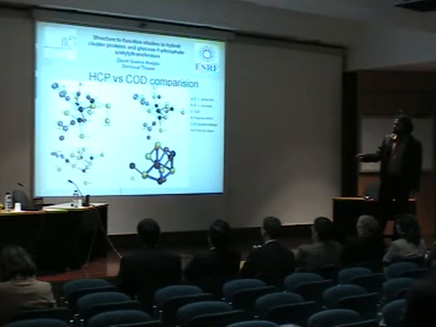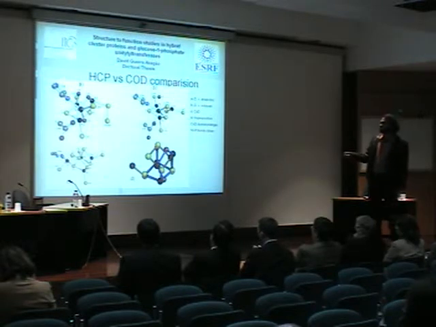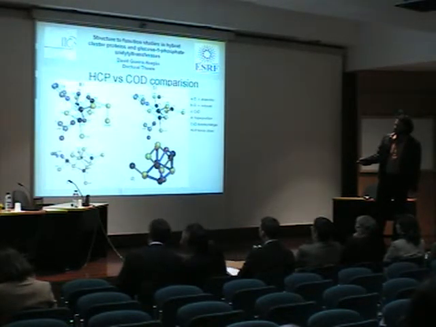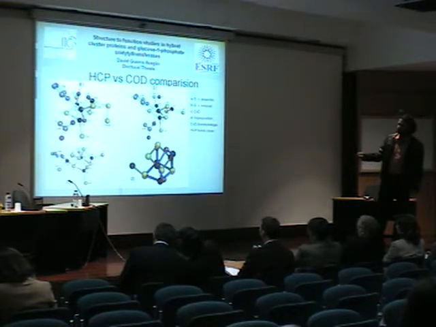Here in this position, the position of the X, which is a sulfur in the reduced and an oxygen in the anaerobic, it has a sulfur atom. So in this particular aspect it is closer to the reduced structure. Also, the iron 7 that exists over here does exist in the CODHs and is bound. There is an extra iron bound to the base that does exist in the HCPs.